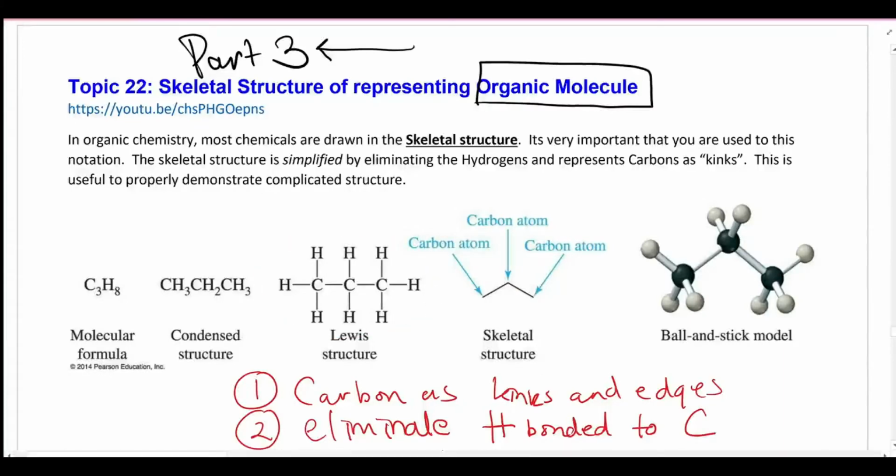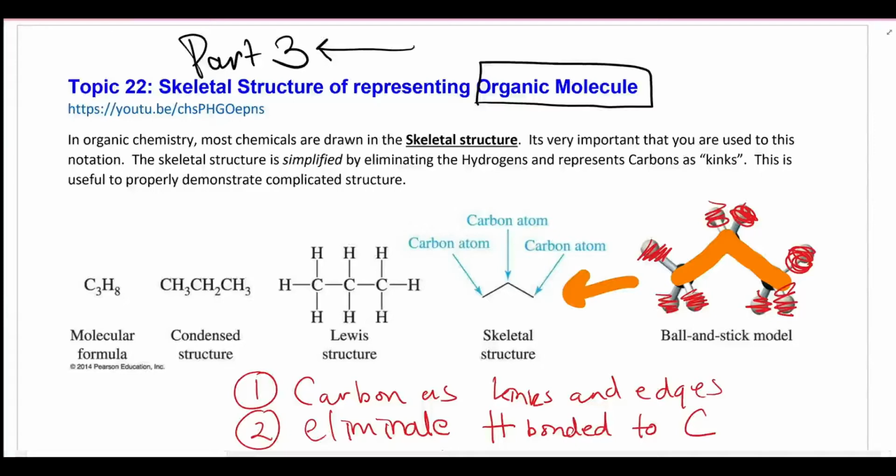And I'm going to eliminate all the hydrogens that are bonded to carbon. Okay, so these are all hydrogens, and I'm not going to draw them in the structure. And this last structure here is what we have. As you can see, the model now looks like that, which is what we have over here. So that's essentially the way to draw the skeletal model.